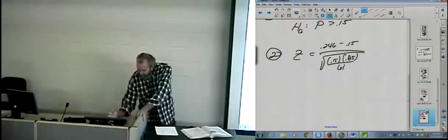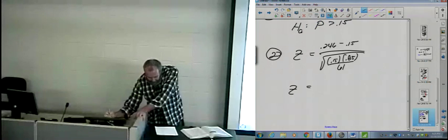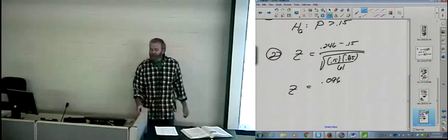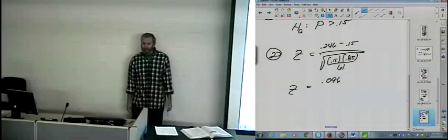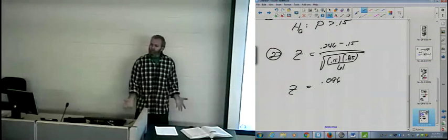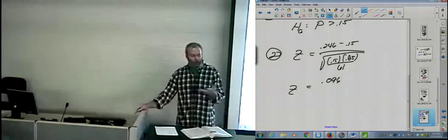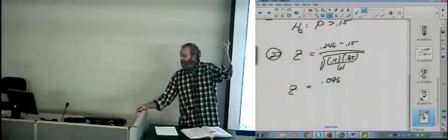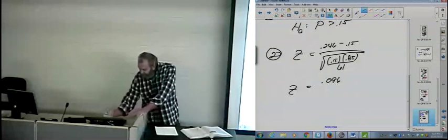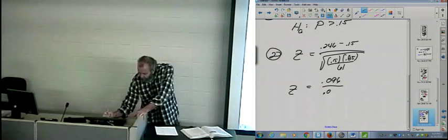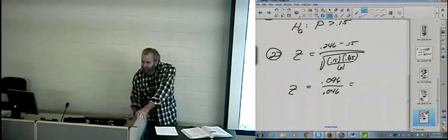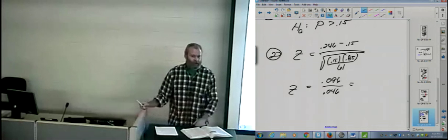Now, I do this a little piece at a time. On the top, I got 0.096. There's just too much going on with the formula at this point for me to do it all at one time. So I gave you 3 decimal places on the top. If you take the square root of 0.15 times 0.85 divided by 61, you get 0.046. I rounded to 3 decimal places.